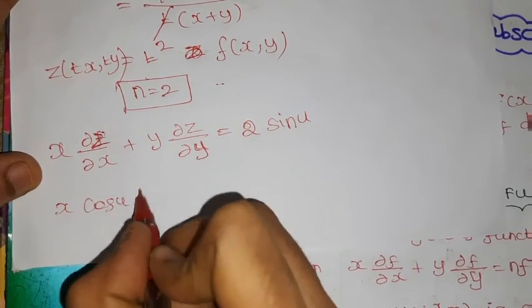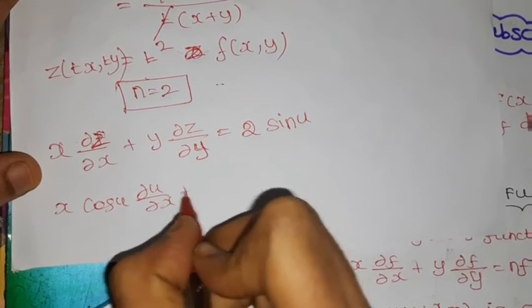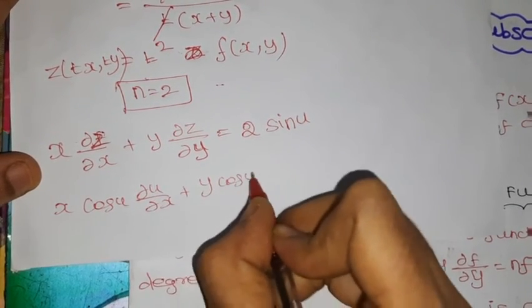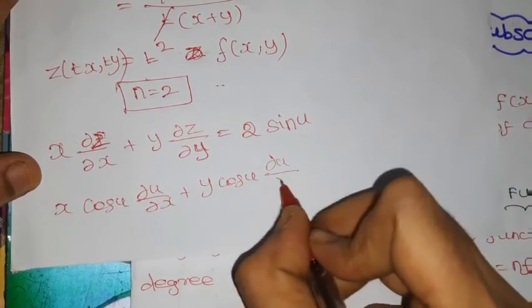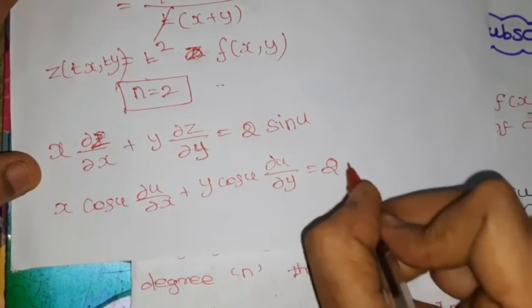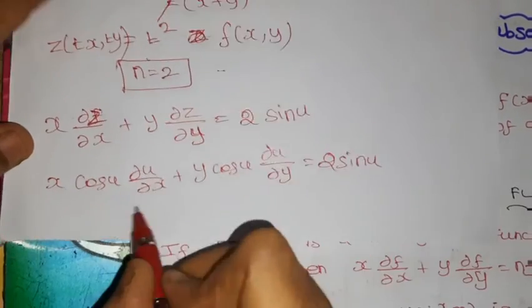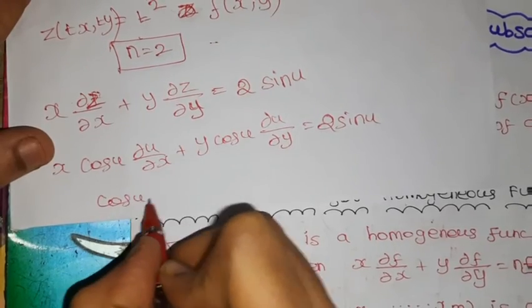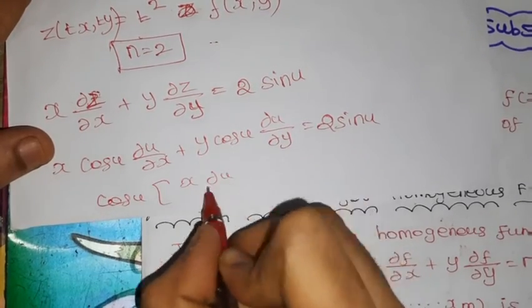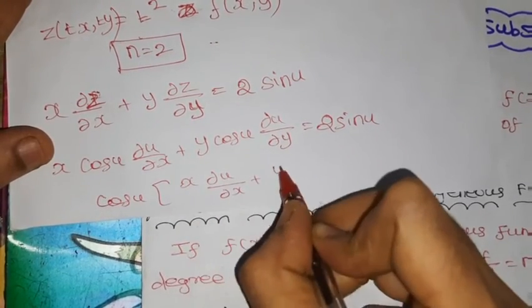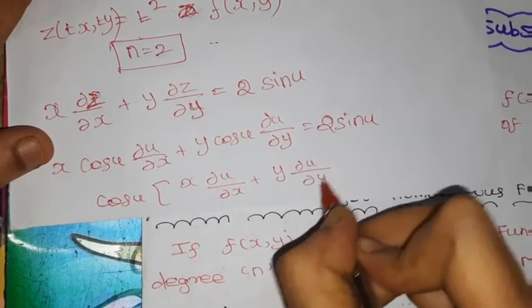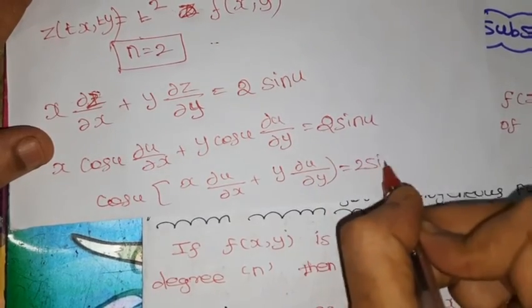Differentiating, cos u into dou u by dou x plus y cos u, similarly this one also dou u by dou y, equal to 2 sin u. Taking cos u as common, x dou u by dou x plus y dou u by dou y equal to 2 sin u.